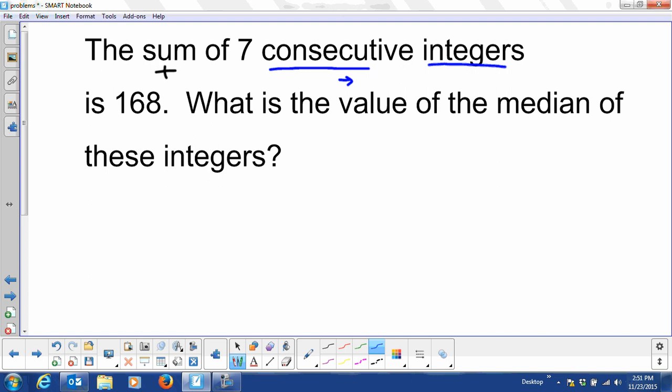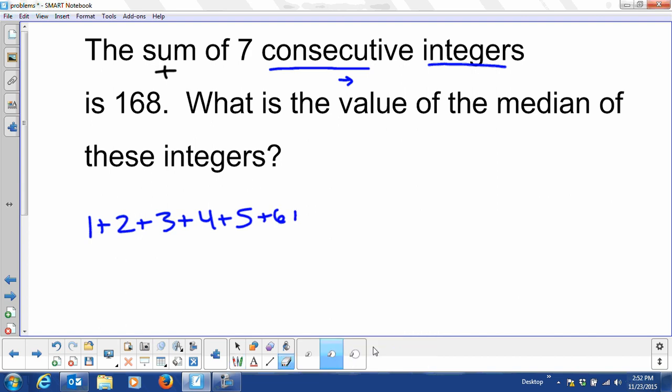Well, that means that I have 7 numbers in a row, for instance, 1, 2, 3, 4, 5, 6, 7, and I need to find out what sequence of these numbers, when I add them up, will be 168. So for instance, if I were to add the first 7 numbers, 1, 2, 3, 4, 5, 6, 7, that definitely does not give me 168.